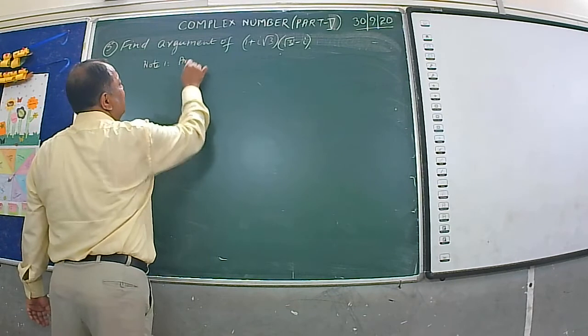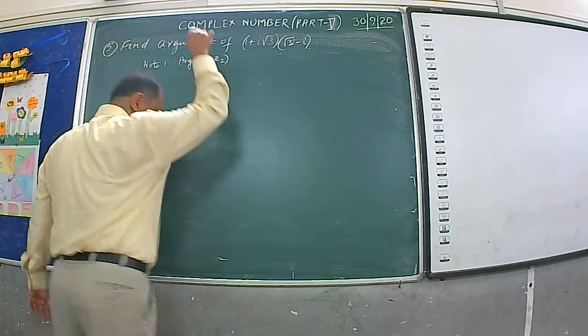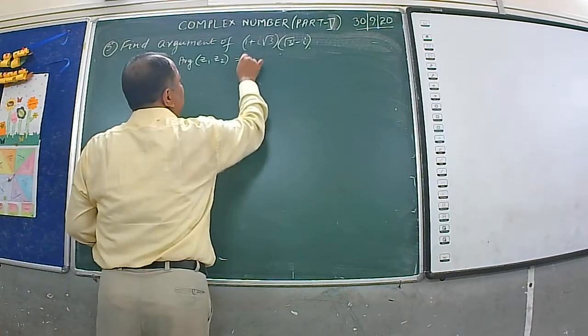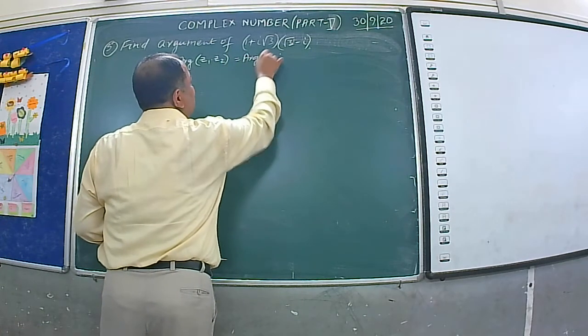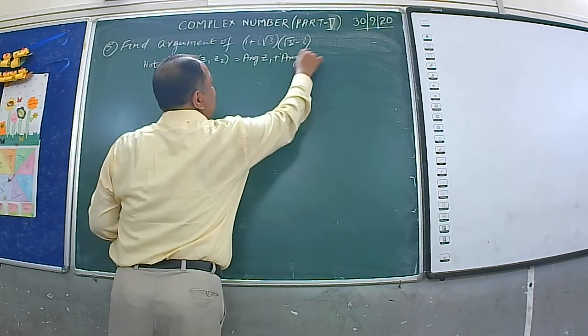Argument of Z1 into Z2 is equal to argument Z1 plus argument Z2.